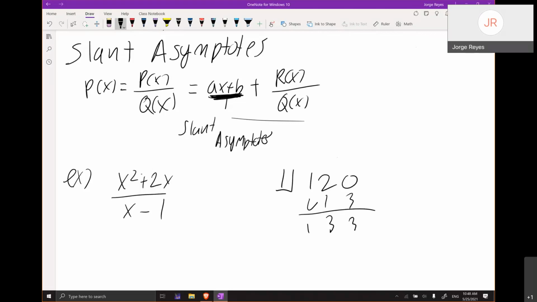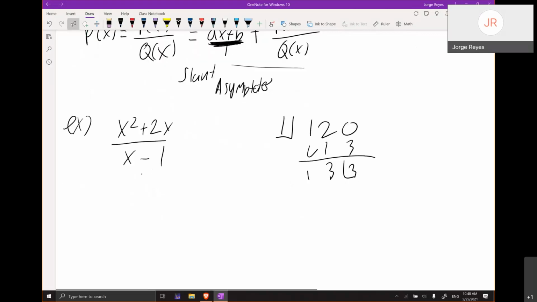Remainder. So we know that this equals x plus 3, remainder 3, so that's plus 3 over x minus 1. And now you can graph this.